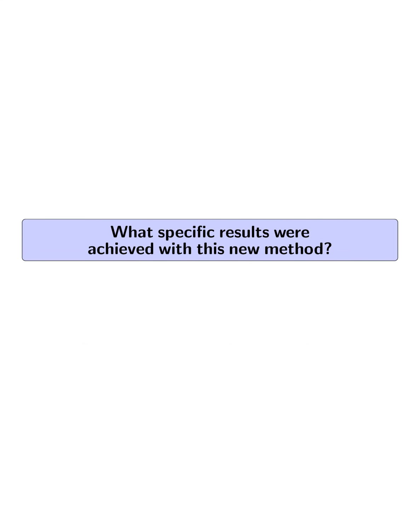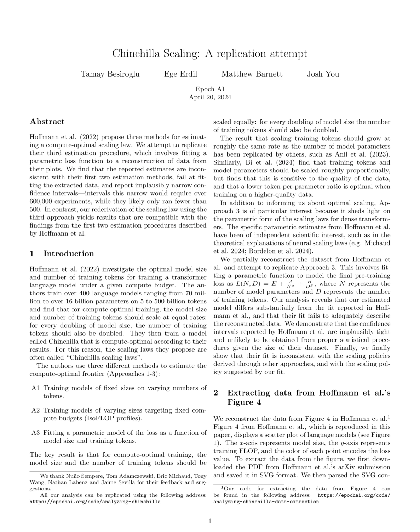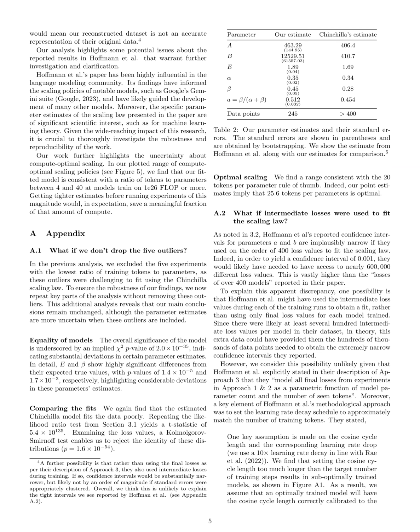What specific results were achieved with this new method? The specific results achieved with the new method include the reconstruction of data from Hoffmann et al.'s Figure 4, the fitting of a parametric scaling law to the reconstructed data, and the comparison of the estimated model with Hoffmann et al.'s model.